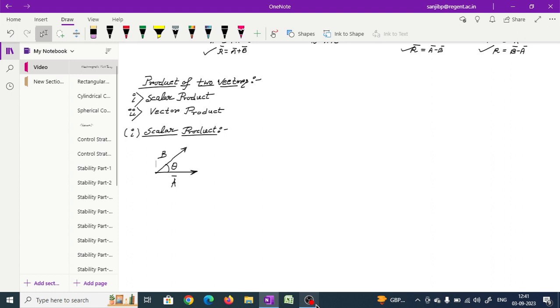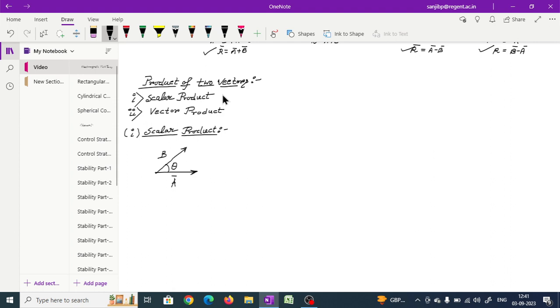Initially, when we talk about two vectors, there are two types of product. One is called the scalar product, another is called the vector product.